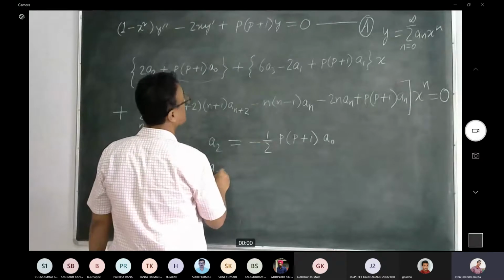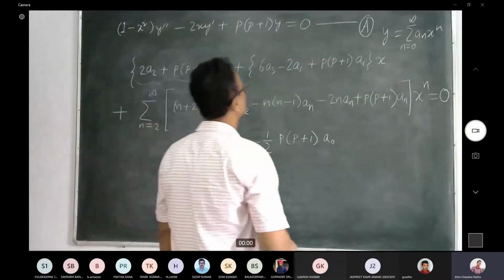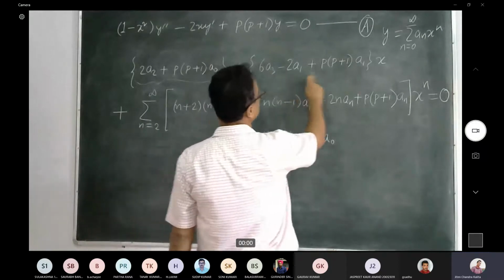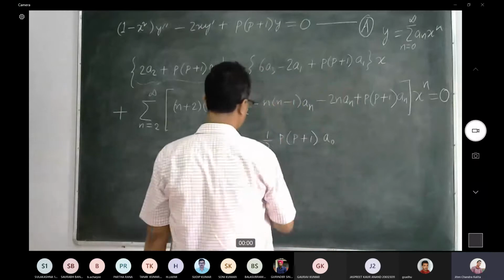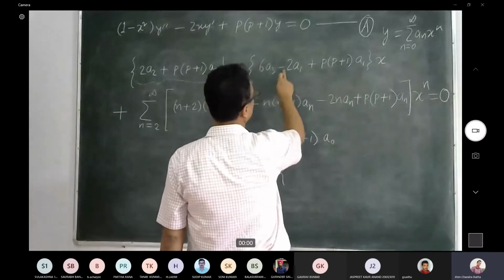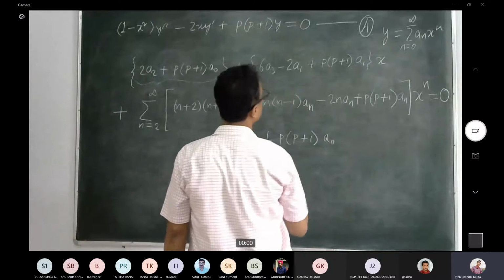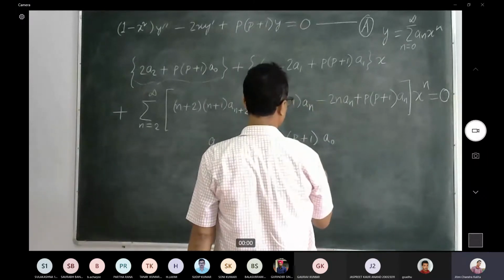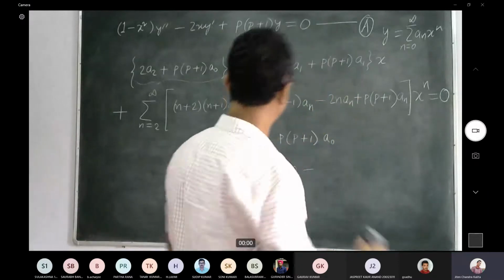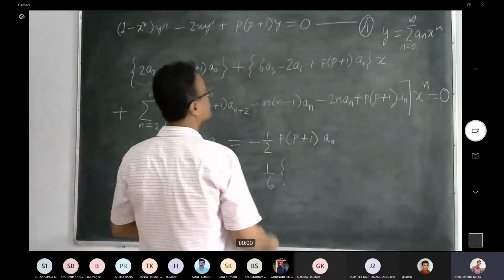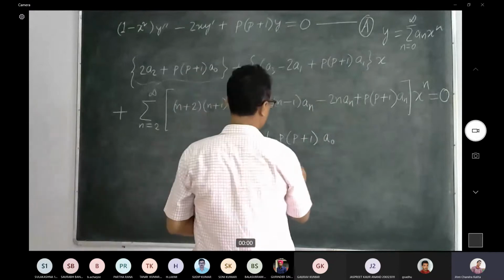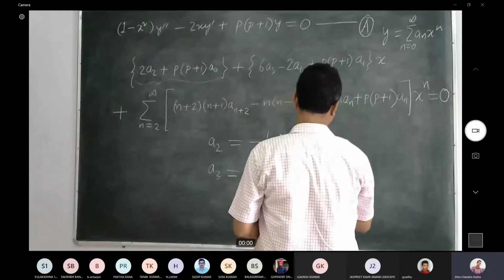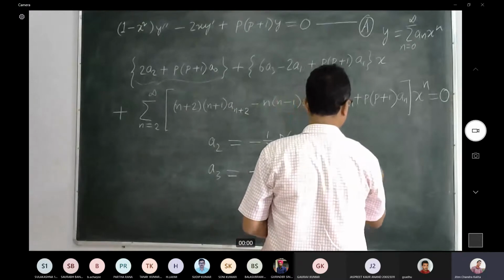Okay, so a3 is going to be equal to 1 by 6, and you'll see that these are all a1s. So once I transpose these to the right hand side, this is going to be 2. And then this is going to be minus 1 by 6 p into p plus 1, and then let this remain as minus 2.